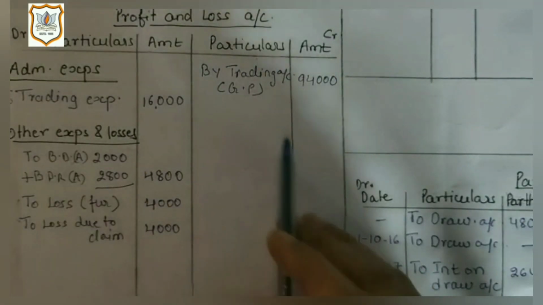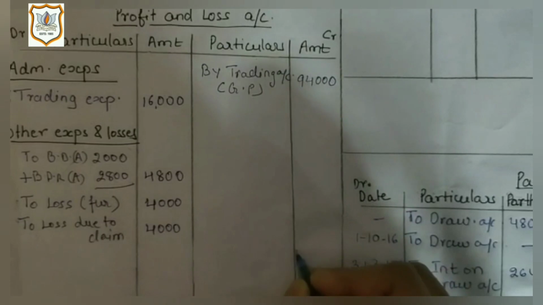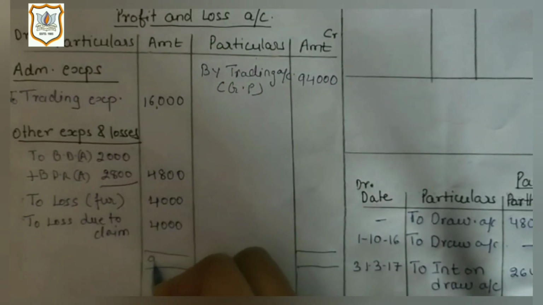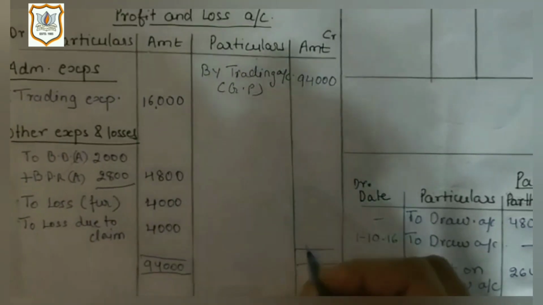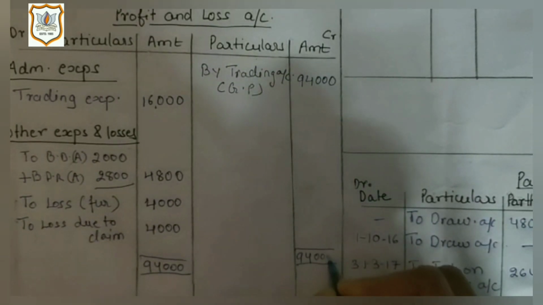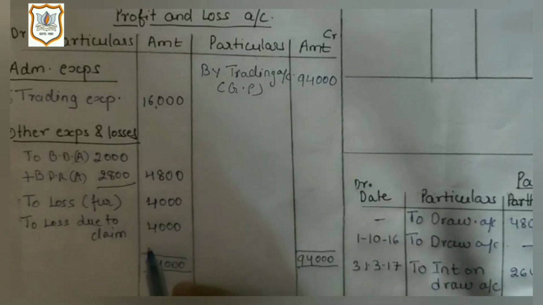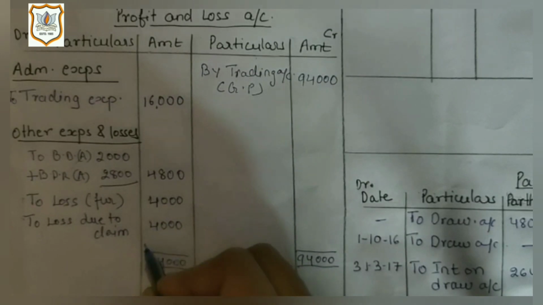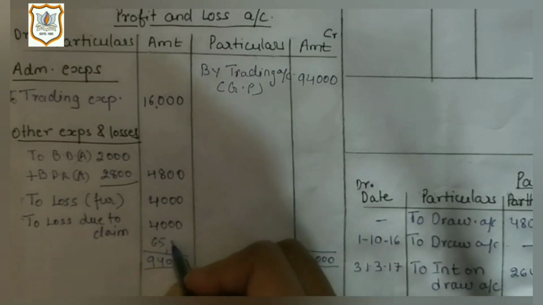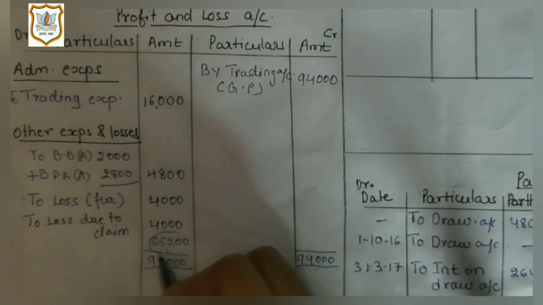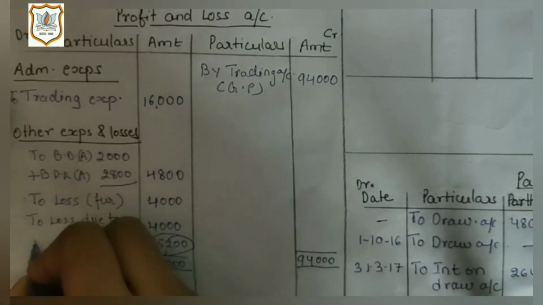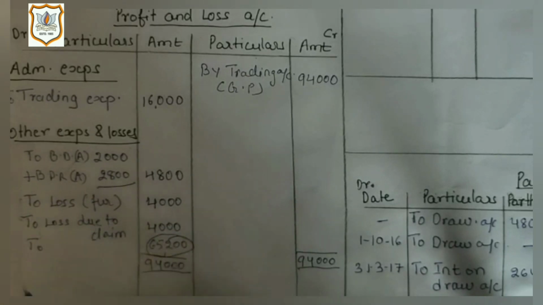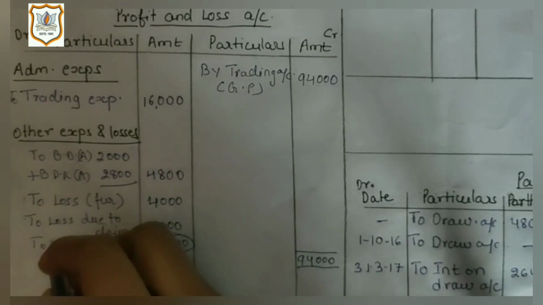Now we will close profit and loss account. Again here credit side total is more, 94,000. And difference would be on debit side, that is 65,200, which is net profit, which will be transferred to profit and loss appropriation account.